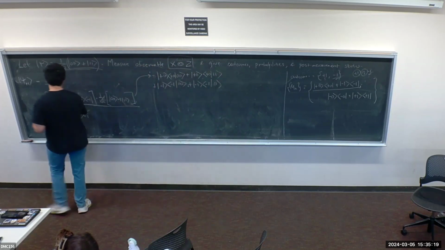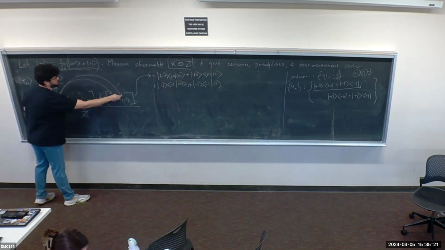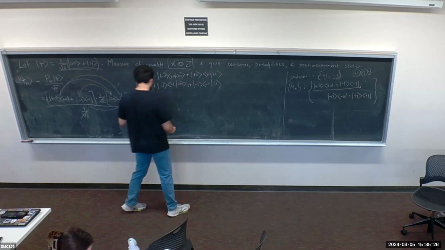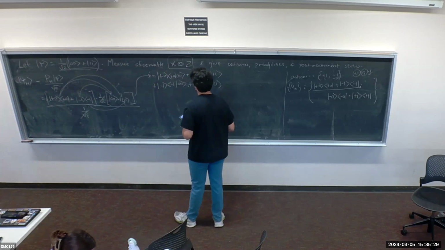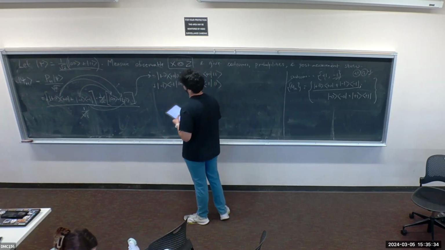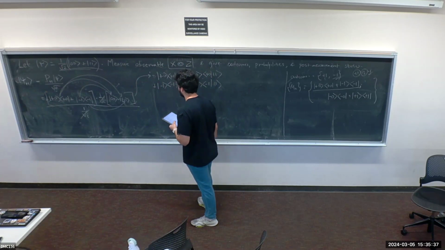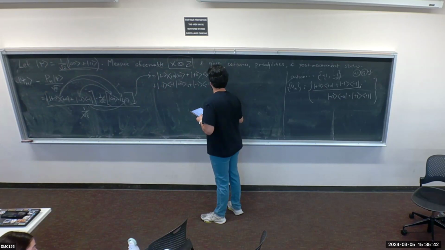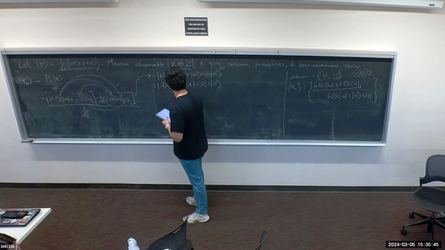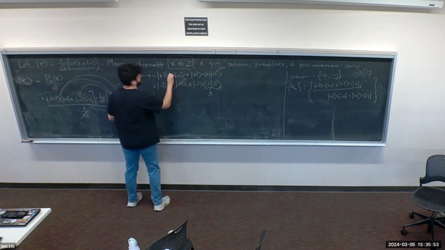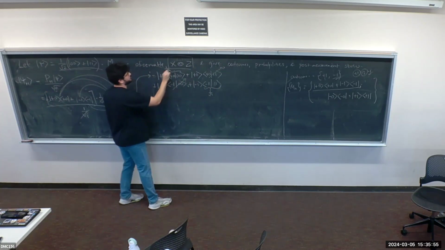You just multiply this with this, this with this, this with this, and this with this, you get 4 terms. And then if you actually calculate it, or if you remember what we did while calculating the probability, this will go to 0 and this will go to 0, and this is 1 over root 2 and this is 1 over root 2.